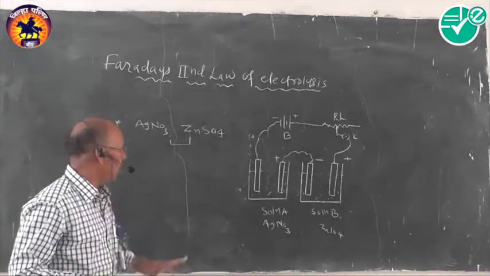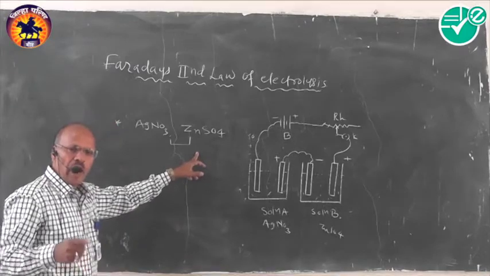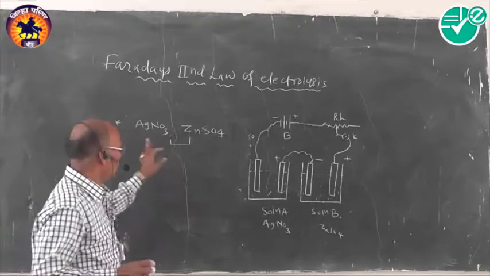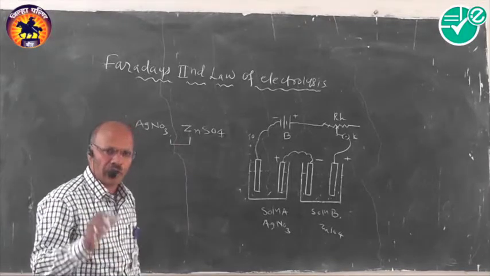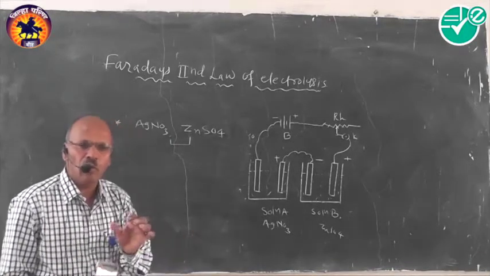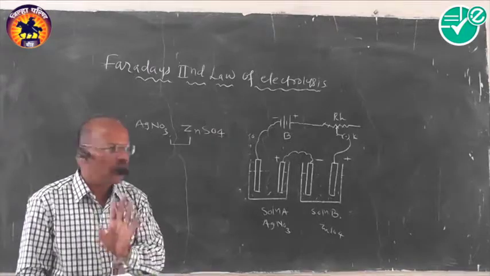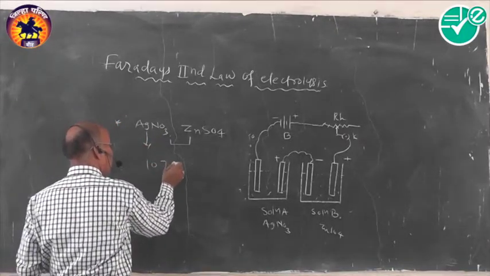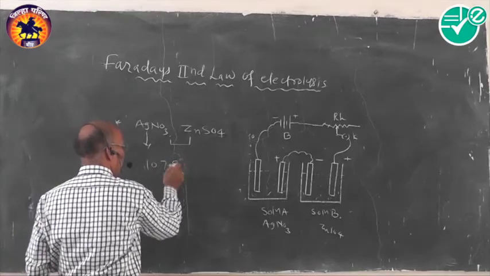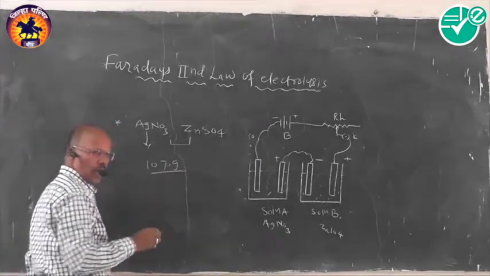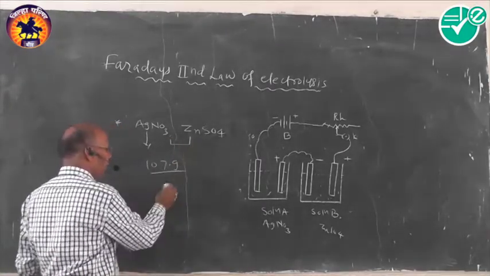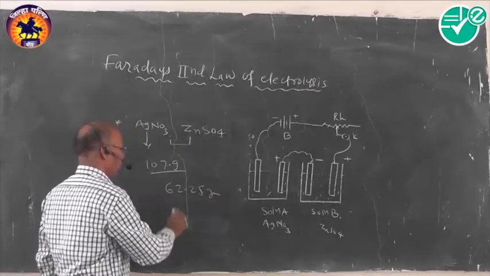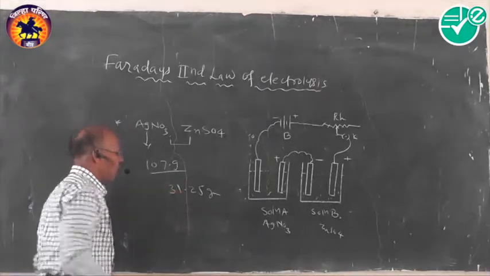In this case, remember that among these two, as per Faraday's law, by passing the same amount of electricity, the mole deposition is observed more for the substance having the higher value of equivalent weight. The equivalent weight of silver is 107.9. In case of zinc, it comes out as 31.25 gram.